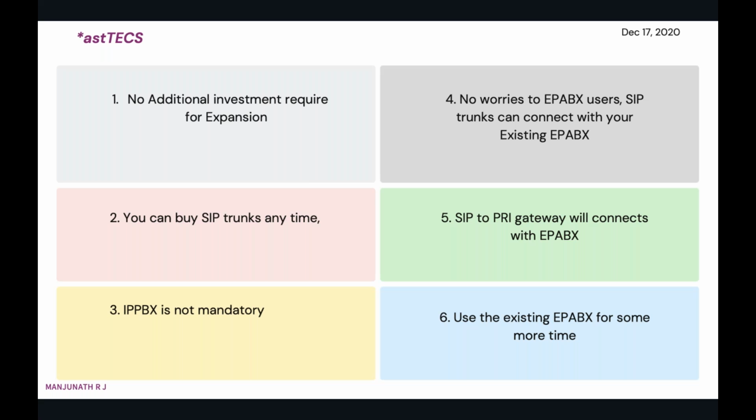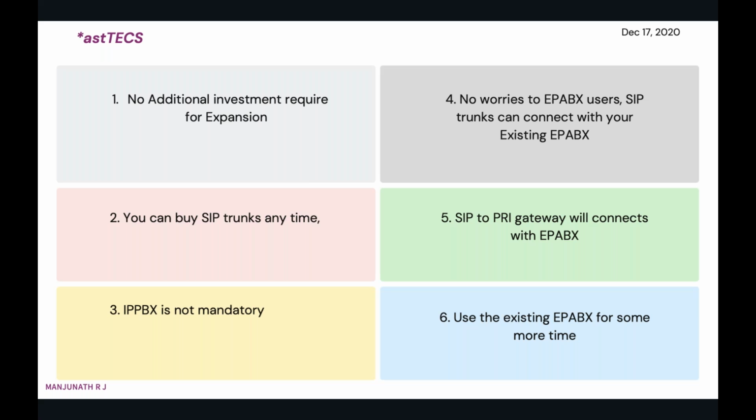So no worries. I can say there are so many people here in this webinar. The major thing we have to tell our customers, if they are planning to go for SIP trunks but still think there is a lot of investment, is that this is one of the better ways to approach it. Tell them these points: there is no worry in using the SIP trunk with the existing PBX.